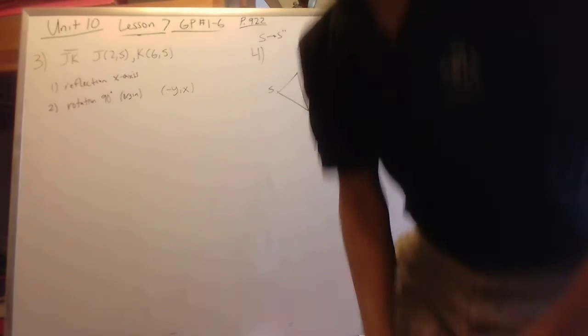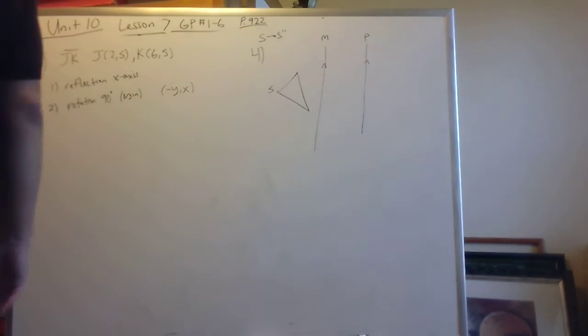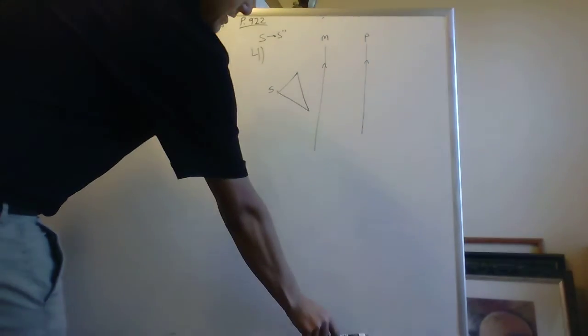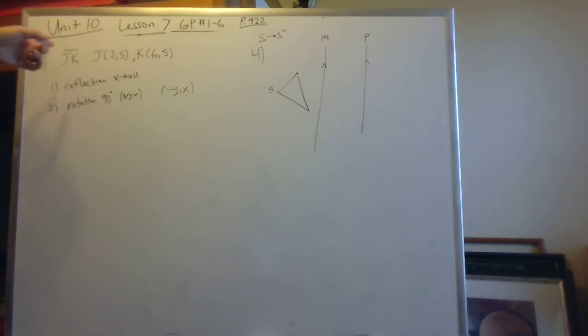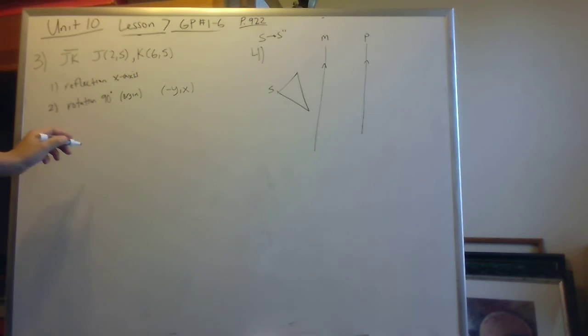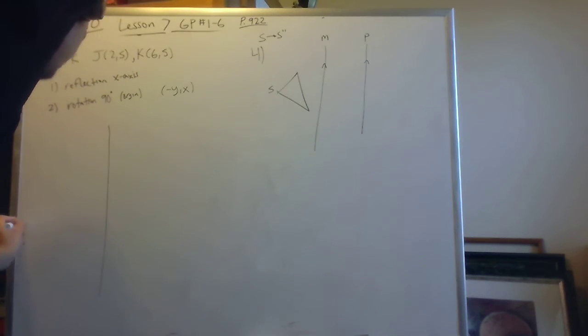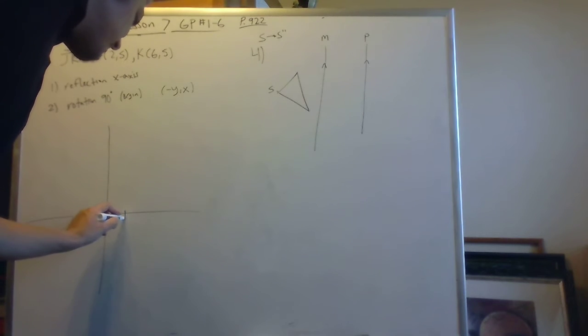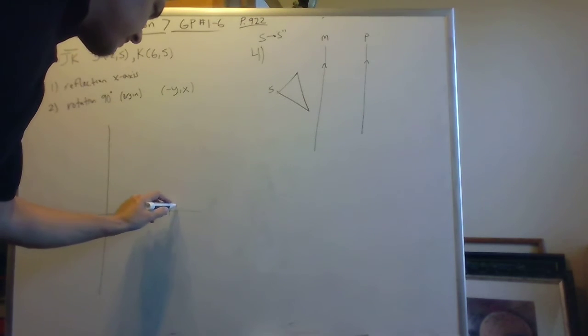All right, so problem 3 is pretty much what we are doing from problem 1 and 2. We have this line segment J and K. J is at 2, 5, and K is at 6, 5. So let me just graph that on an X and Y plane.